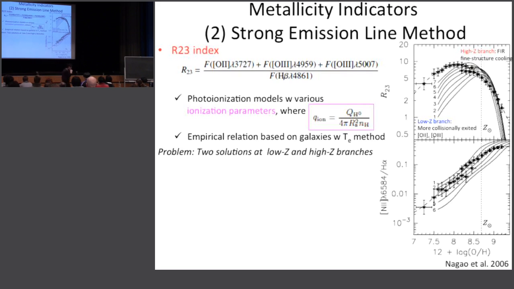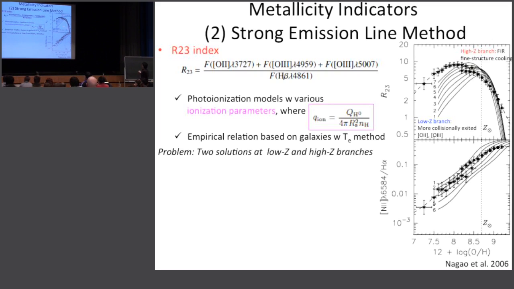The second thing, which is extremely popular, is to use the strong emission lines. One is the R23 index. The R23 index is the ratio of the sum of O2 3727 and O3 5007 divided by H beta.